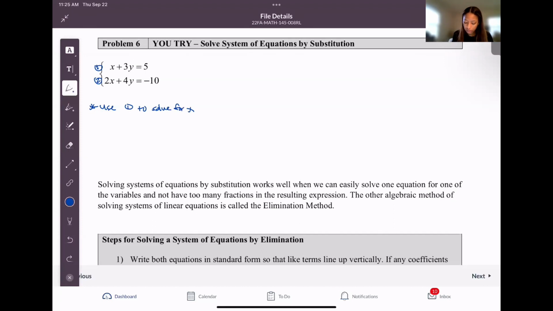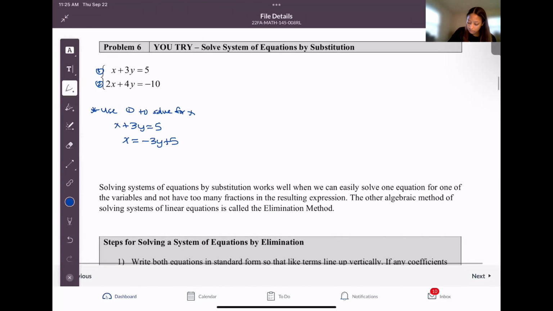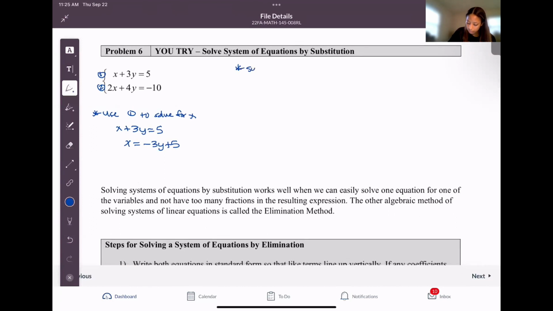If we take the first equation and solve for x, we have x plus 3y equals 5. So x would be equal to negative 3y plus 5, or you can write it as 5 minus 3y. That's fine too. Then when we substitute this, we're going to substitute x equals negative 3y plus 5 into the second equation.